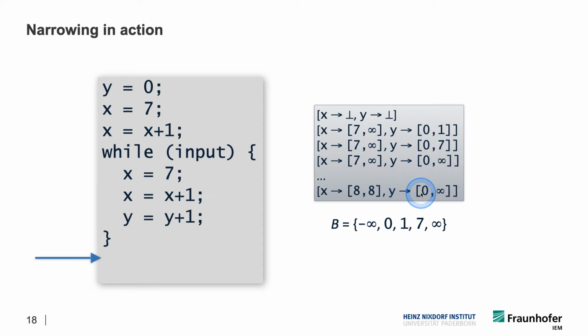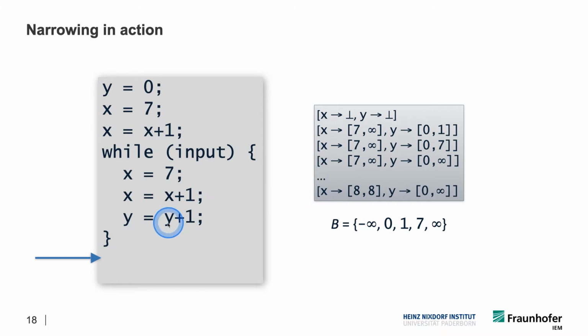Because that indeed can only be said to be within the interval of 0 to infinity. This is incremented indefinitely, right? So it's large, but nevertheless, it's a precise representation of what's happening. But this is the optimal value that we would like to obtain. And what's nice now is that if you apply narrowing, so if you apply the data flow functions for this program to this abstract widened value that we have here, then this value down here is what you actually obtain.